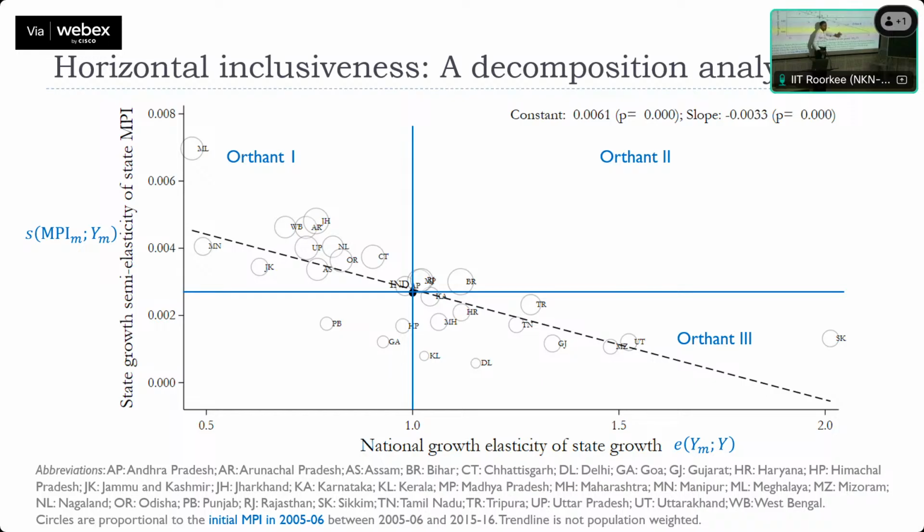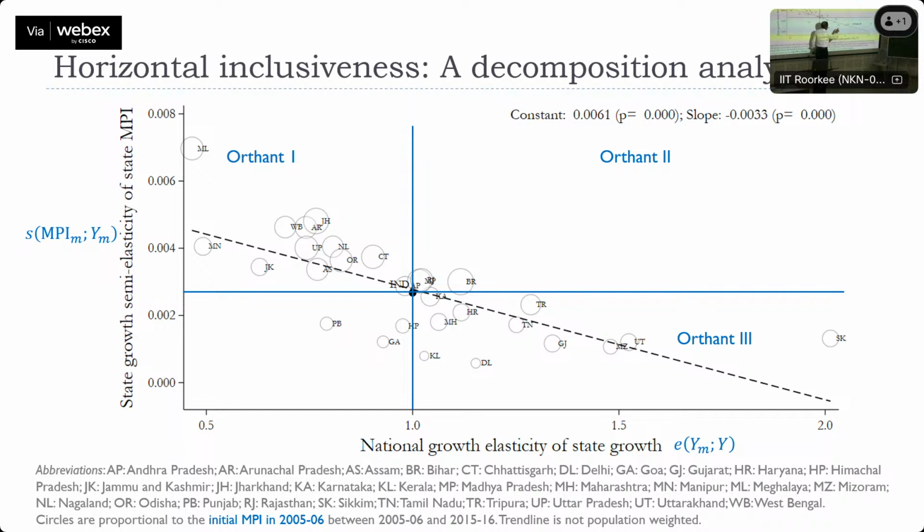What does it mean on this axis? The national growth has led to the rise in the state growth. Just interpret this number, 1.4. So a 1% rise in national growth is accompanied with a 1.4% rise in state growth. So Gujarat's growth has been faster than the national growth.